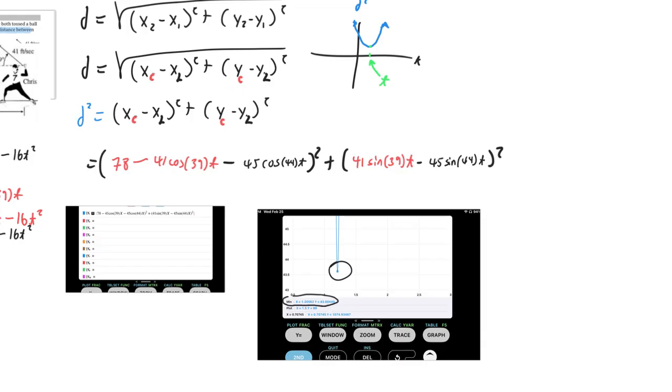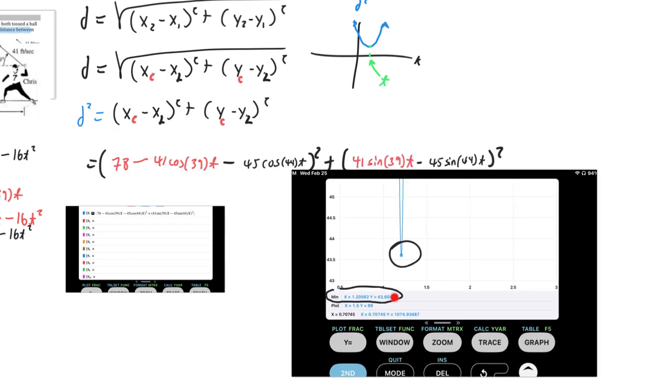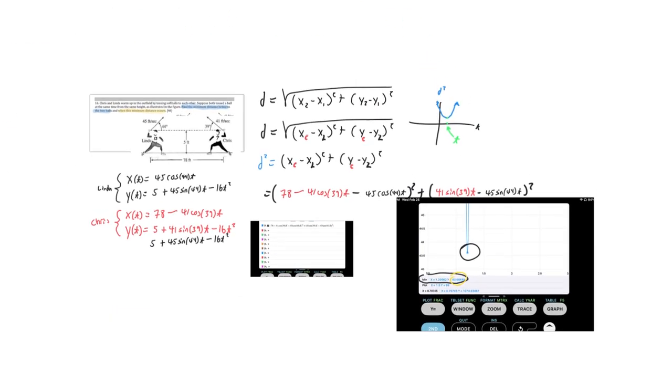So that Y value here is associated with D squared. So in order to get the actual D, in order to get the actual distance, you would have to take the square root of that. And the square root of 43.6 is around 6.6. Okay, so that's going to be the answer to that one.